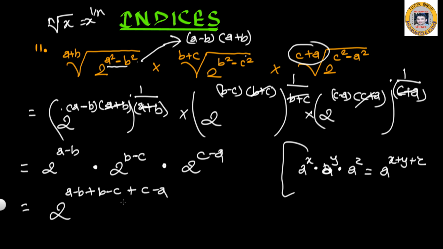I hope you get it. So negative a, positive a cancelled out, b cancels out, and c is gone. So which would be giving us 2 to the power 0. 2 to the power 0 is 1.